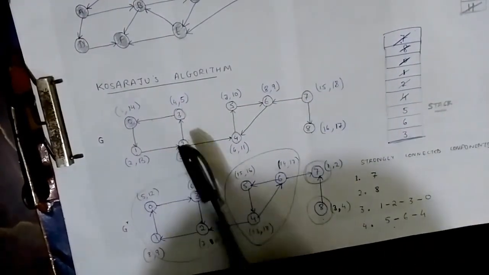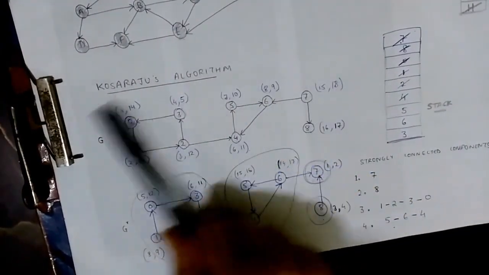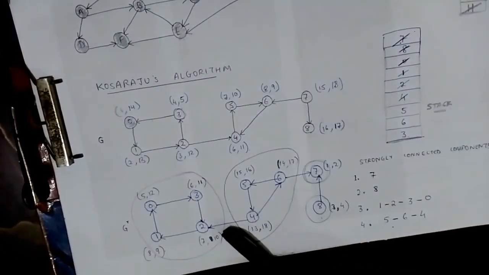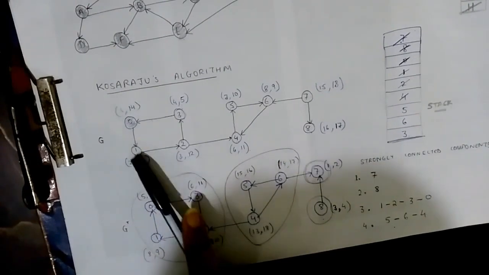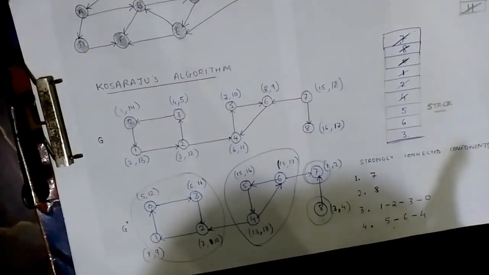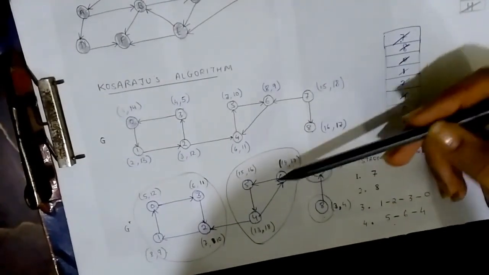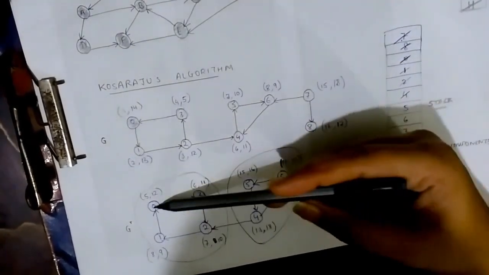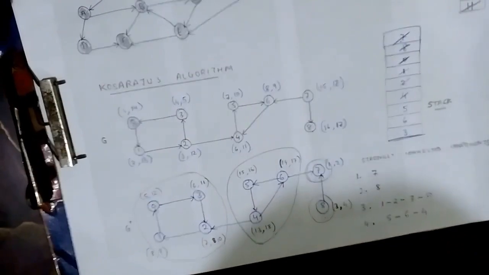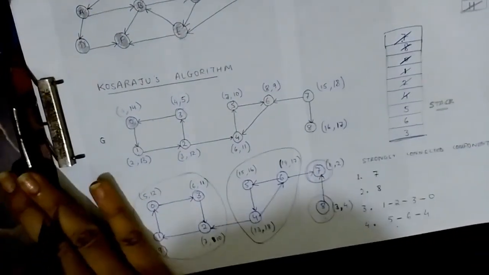So this graph here was the original graph, this was the transpose graph. Don't get confused. Okay, so the original graph has 4 strongly connected components: 7, 8, 4, 5, 6 and 0, 1, 2, 3. This was Kosaraju's algorithm.